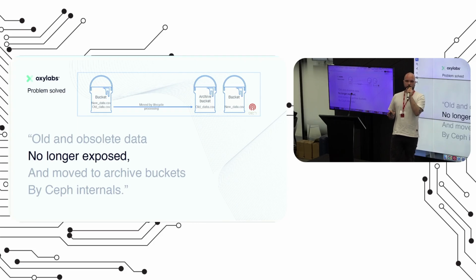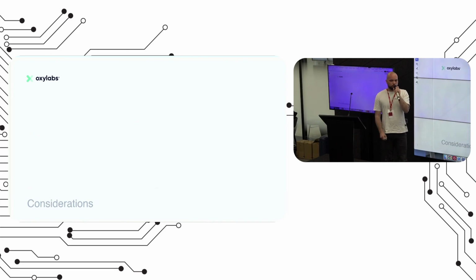Everything is done by Ceph internals through the lifecycle processing rules. You can create a huge archive solution where you can move data between buckets, or you can just not use any compressed pools or erasure-coded pools, and you can have a bunch of movement done on a lifecycle basis. So that's cool, but we need to address some considerations for this to work.